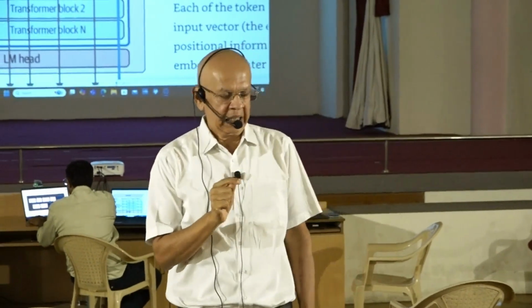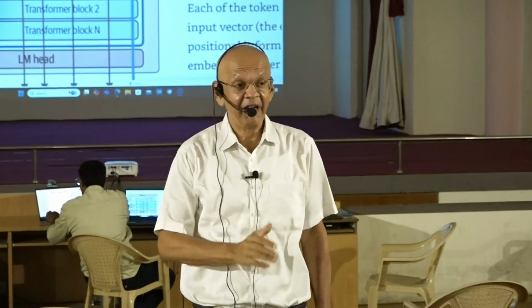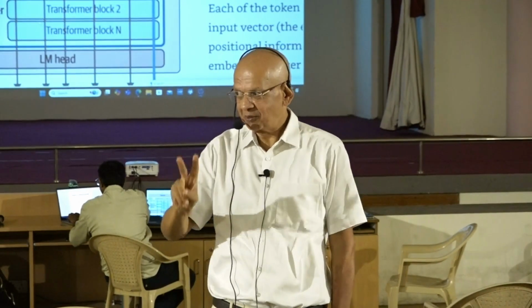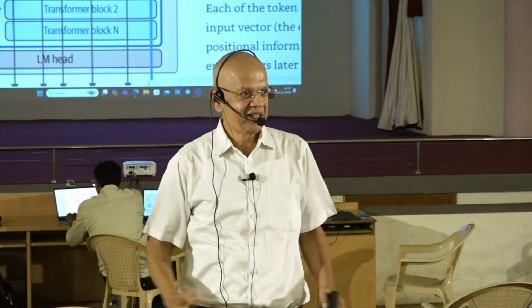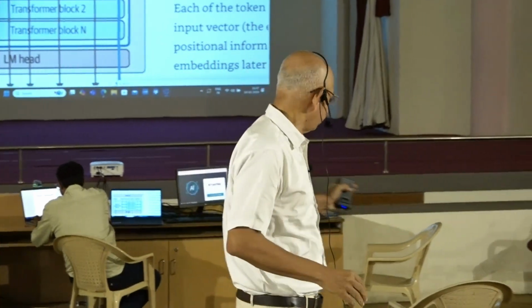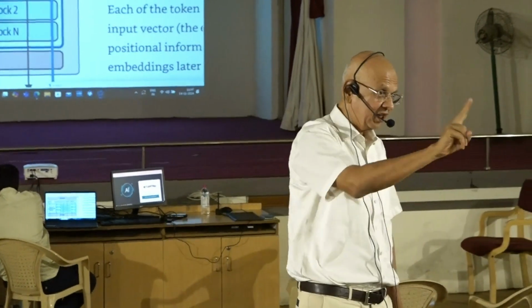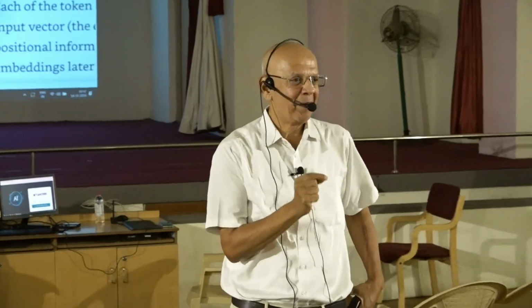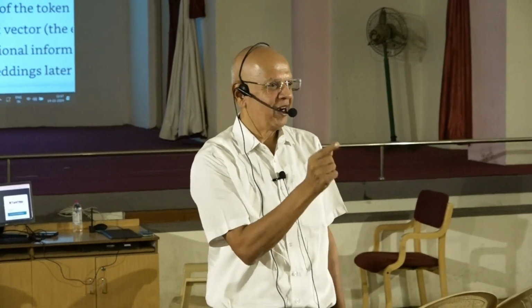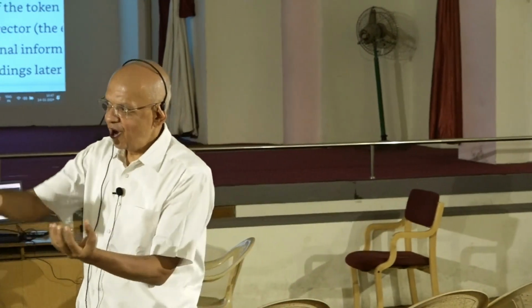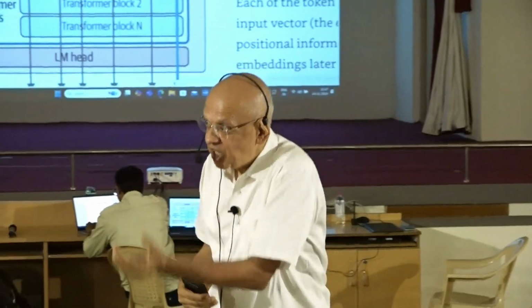Now, when doing that, there are two problems, which is why the industry discarded RNNs and adopted the transformer model. What are the two problems? The first problem is that each word is processed one at a time. In one unit of time, I am processing only one word, then taking that word and going to the next word and enhancing the knowledge of the second word in conjunction with the first word.